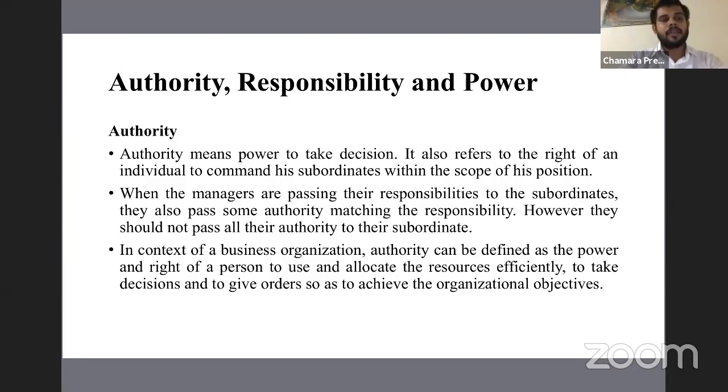In the context of a business organization, authority can be defined as the power and right of a person to use and allocate resources efficiently, to take decisions, and to give orders so as to achieve the organizational objectives. That is the authority. Let's continue to the next slide.